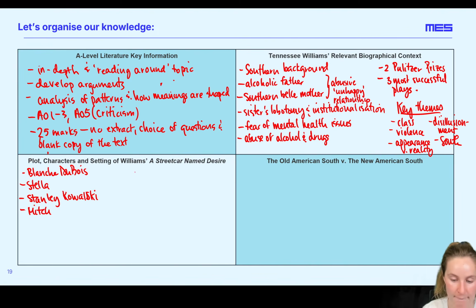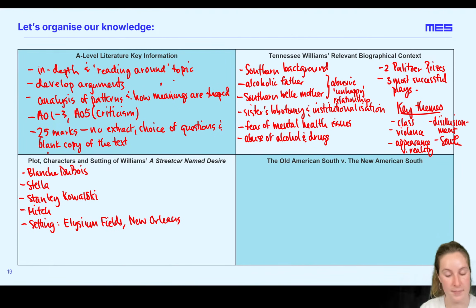We've got the fact that the setting is in Elysium Fields. And there are these two different mini settings of the apartment versus Belle Reve, which we know does not appear, but is an important setting for us as well.